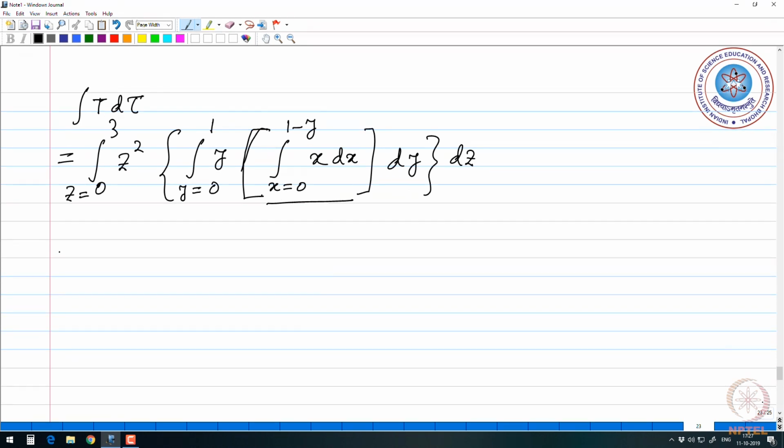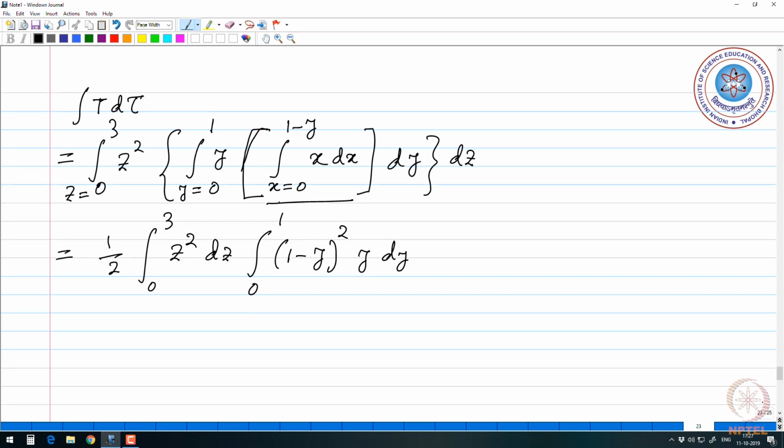So, if we perform it in this order, we will have half, integration over 0 to 3 z squared dz, times integration over 0 to 1 of (1 minus y) squared y dy. After performing this x integral, we will find this, and we have now already made the z and y integrals independent because that's allowed.